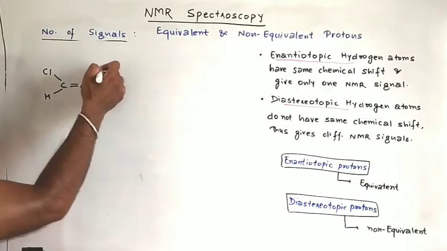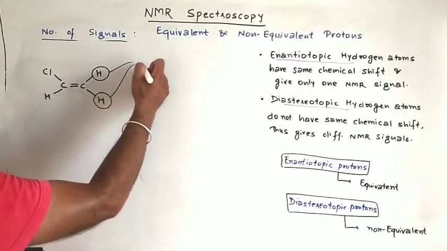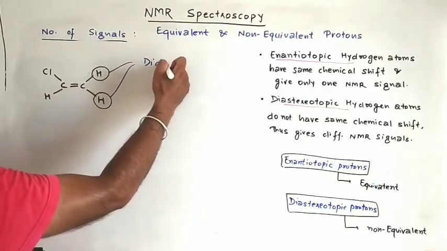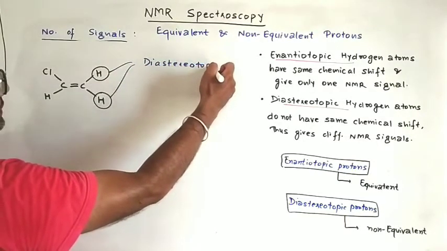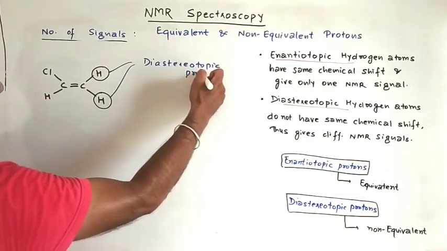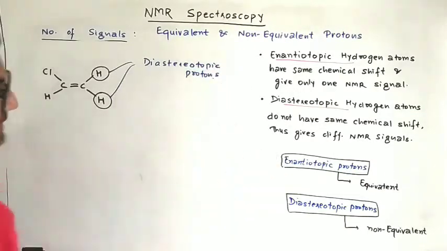These two protons, this one and this one, are diastereotopic protons. And these protons give different peaks. It means these two protons are not equivalent.